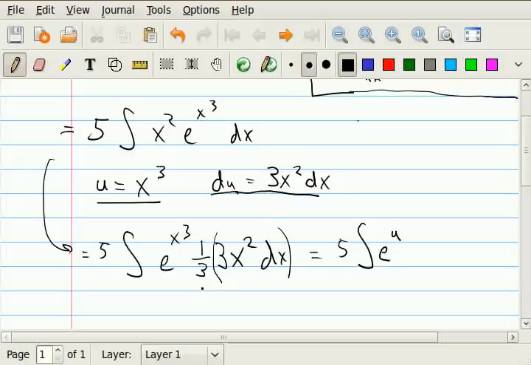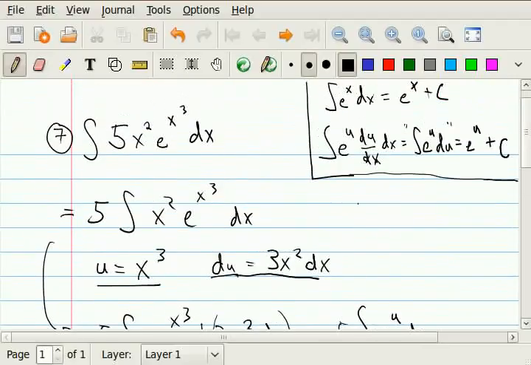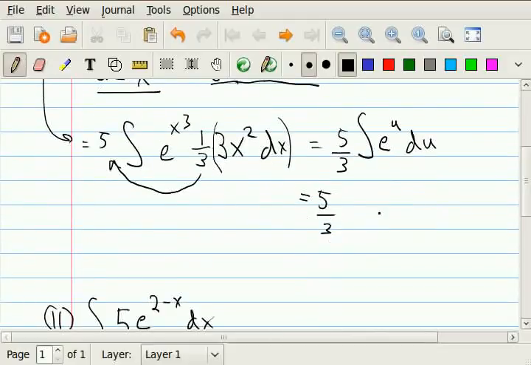So here's what we're going to do. We're going to factor out that 1/3, which makes it 5/3. And the only thing we have left here is just e to the u times du. We had to mess around with the constants a little bit, but in the end what we get is 5/3 times the integral of e to the power u du, and the rule tells us that's e to the power u plus c.